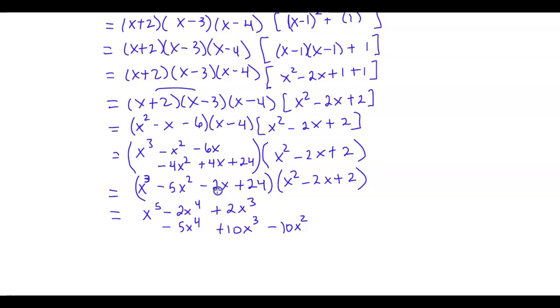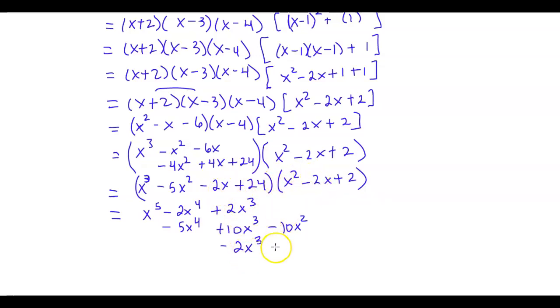Next, multiply negative 2x times all of this. So this will give me a negative 2x cubed. Again, negative 2x times x squared is negative 2x cubed.